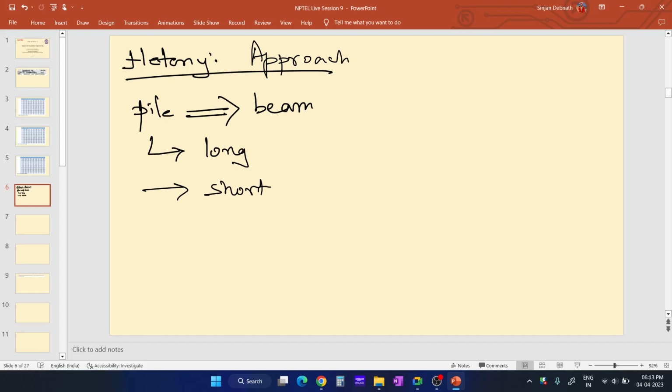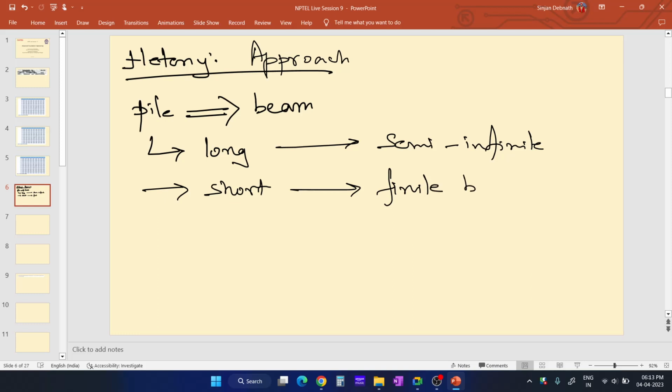A long pile is modeled as a semi-infinite beam, and a short pile is modeled as a finite beam. Semi-infinite beam means the depth is much greater, and finite beam means the depth of the pile is short.